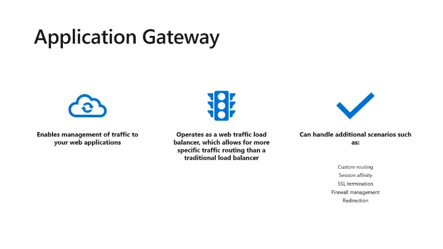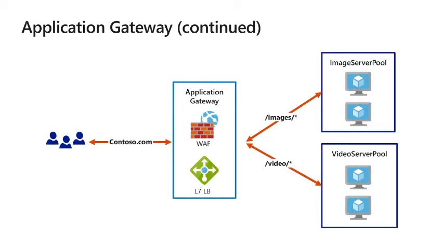Azure Application Gateway can do URL based routing and more, allowing more specific traffic routing than a traditional load balancer. So you have custom routing, session affinities, SSL termination, firewall management, and redirection. Very important. You just need to do it.